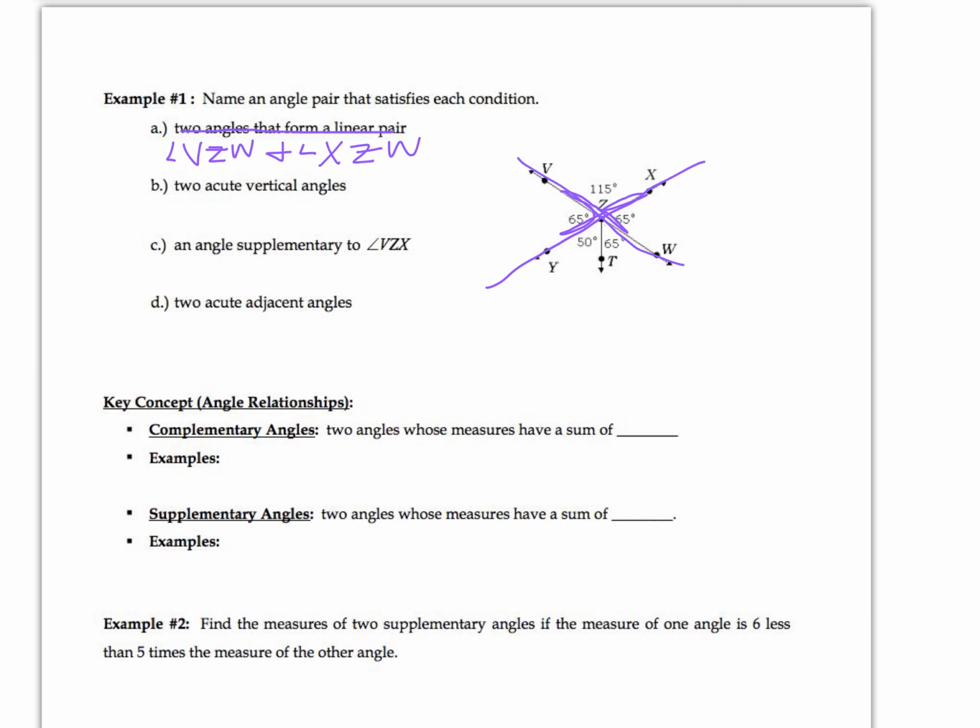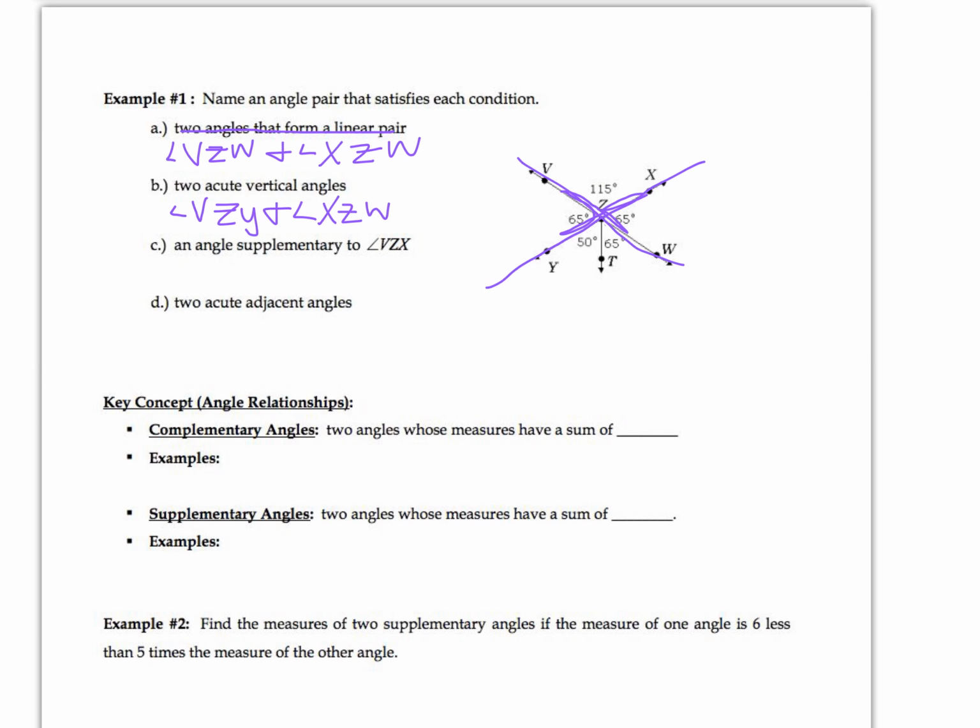And they're acute, right? They have to be less than 90. I could also say that 115, and if I added both of these together, this 115 is vertical angles. But we're looking for acute. So two acute angles that are vertical angles are angle VZY and angle XZW.